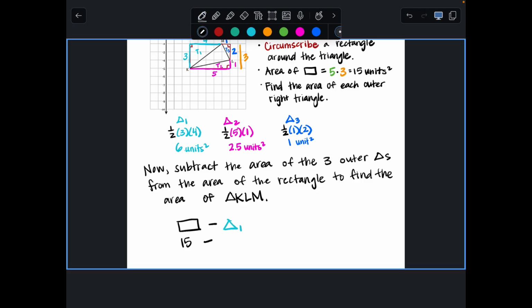The area of triangle 1 was 6. Triangle 2 was 2.5. And triangle 3 was 1. So what is the total area of triangle KLM? 5.5 units squared.